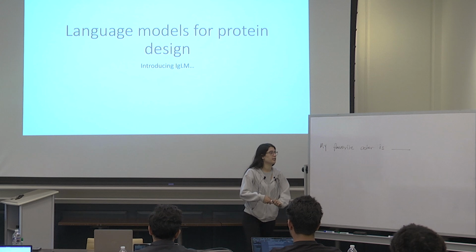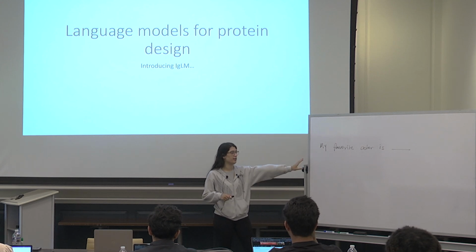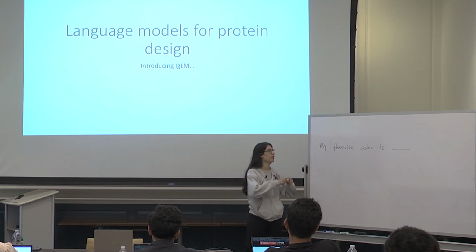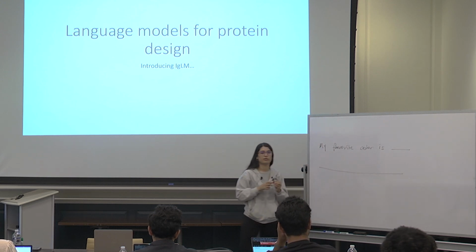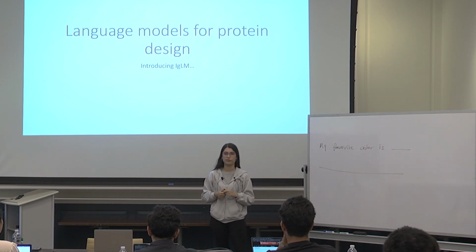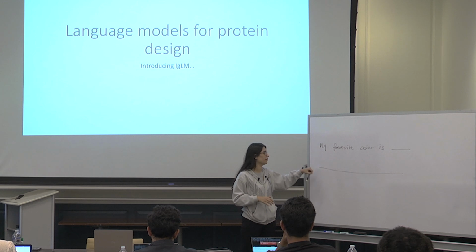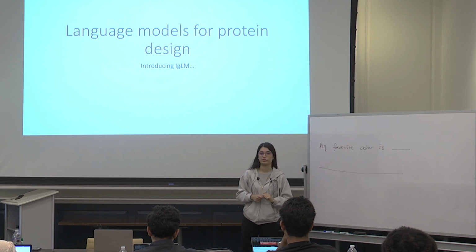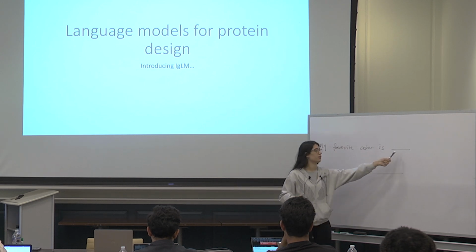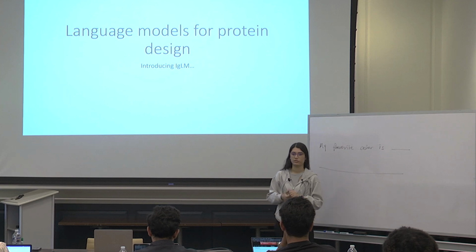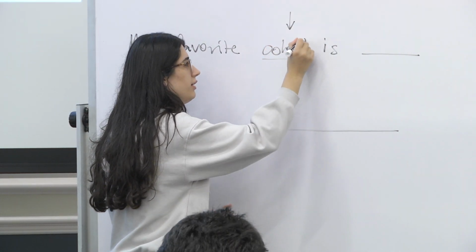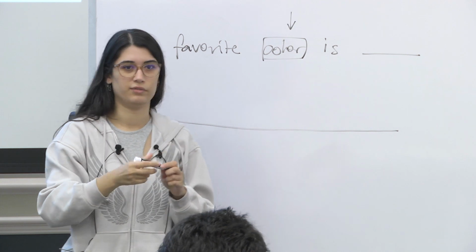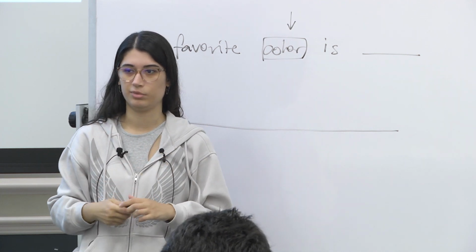Or better yet, let's say I have a whole paragraph, and then my goal is to predict what this entire next sentence should be. What are some types of information we could gather from the surrounding context that helps in the case of this word? Okay, so maybe this specific word is sort of the biggest hint as to the blank.